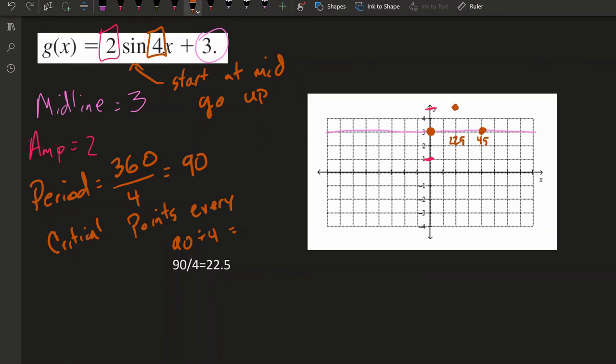It'd be right there. 22.5 degrees later would be 67.5 degrees, and that's where we would reach the minimum. And then finally at 90 degrees, we would reach the midline again. So we can go ahead and connect these. Then we should follow the pattern backwards. And there's our graph.